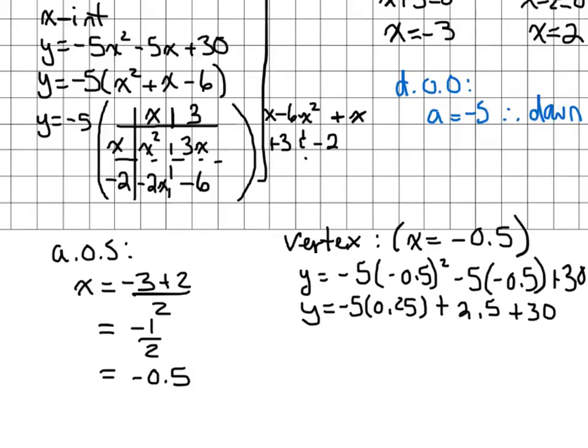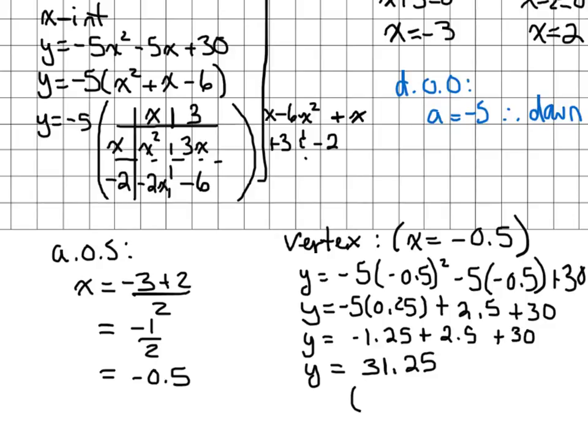Then -5 times 0.25 is -1.25 plus 2.5 plus 30. And when we add all of that up together, I get 31.25. So that means my vertex is at -0.5, 31.25.